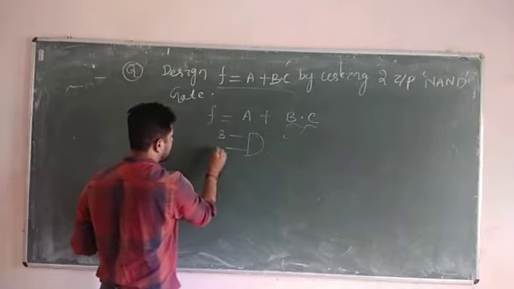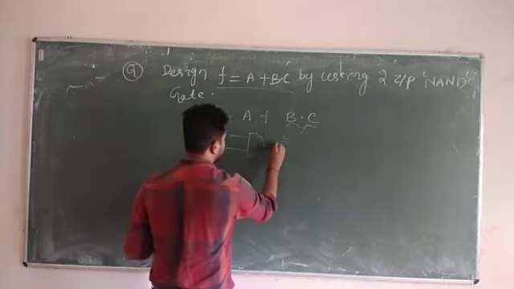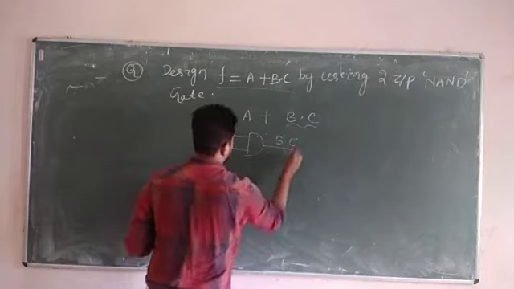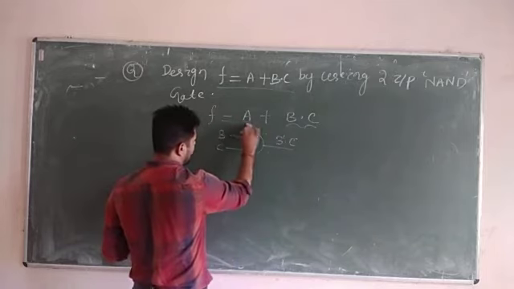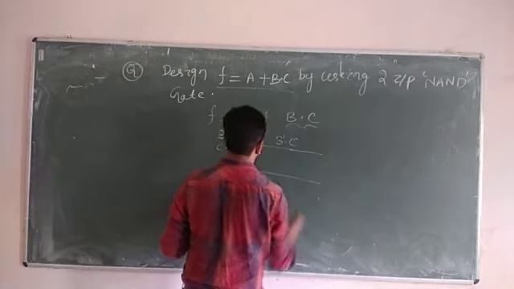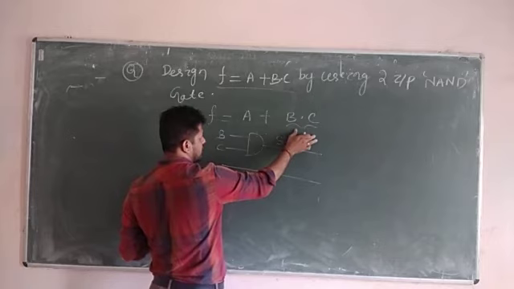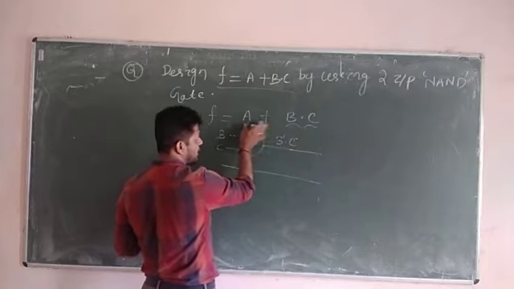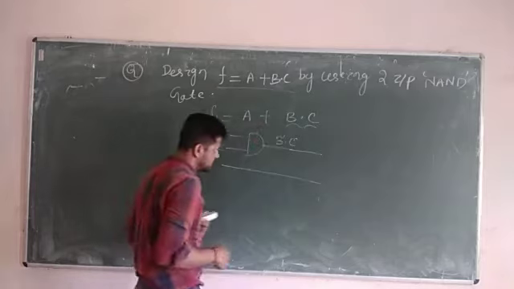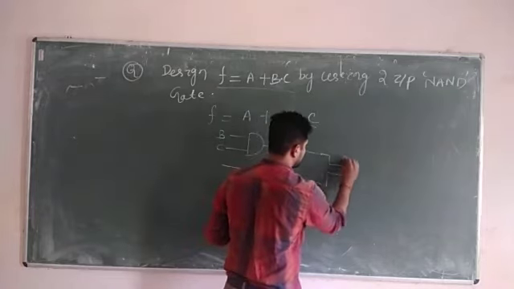I am applying B, C, and the output of this AND gate is B and C. Then we have another input which is A. Finally, both expressions are combined by using OR. So I am going to design it this way.